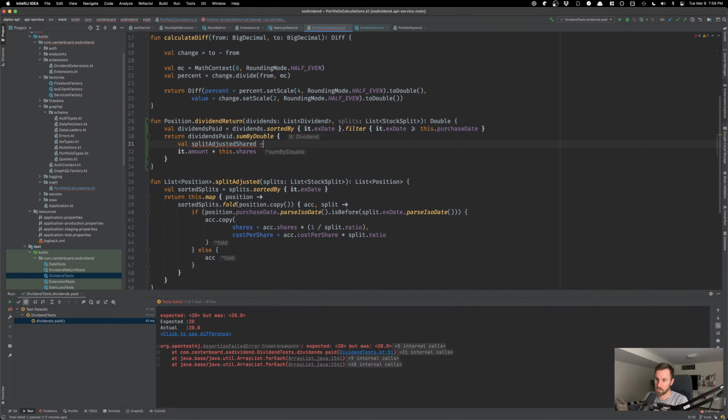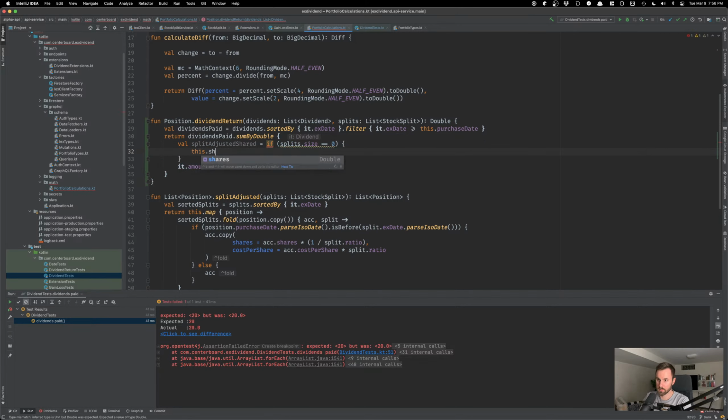Split adjusted shares equals, basically if splits.size is 0, then it's just going to be this.shares.